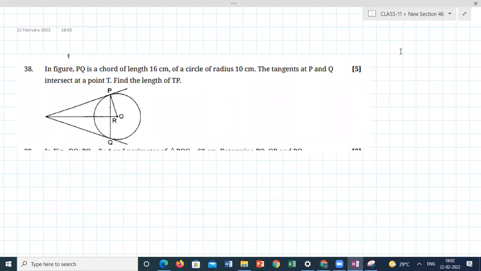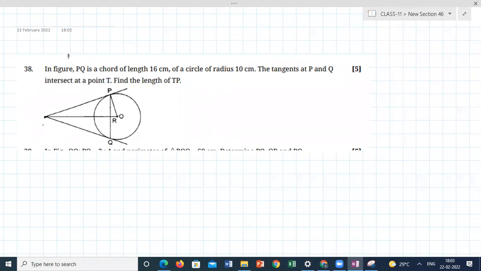Solve this question. This is a point T, might be it is missing here.